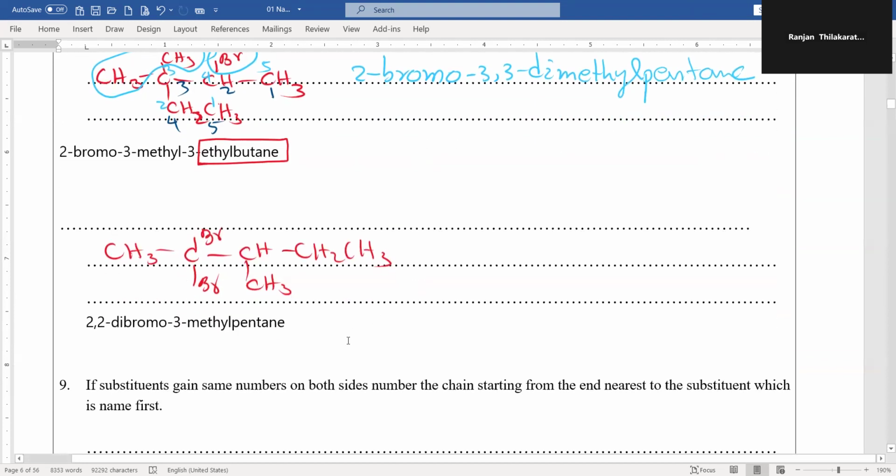And in this case, the longest carbon chain will be 1, 2, 3, 4, and 5. Then you will get number 2 to the bromine. So 2 bromo, that's correct. Then 3-methyl pentane. Correct. This name is correct. The name given by Yasiru, I think. Yes.